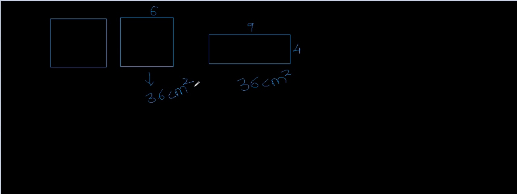Both of them have equal areas, but still we know that they cannot be congruent because they have different shapes and sizes. Hence, if two figures have same areas, they need not be congruent.